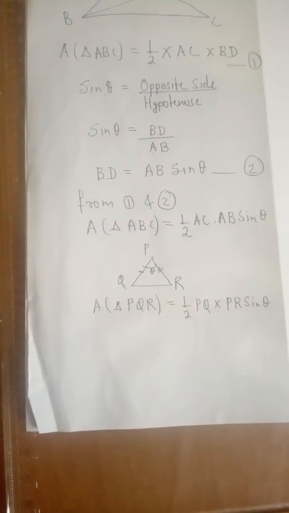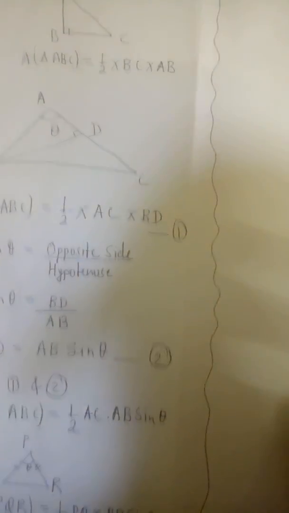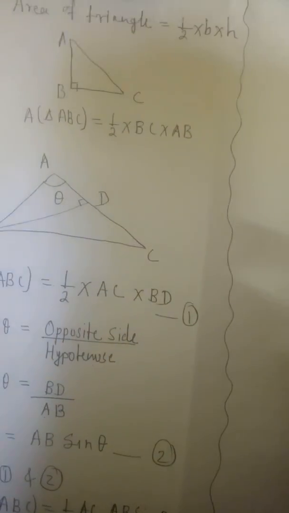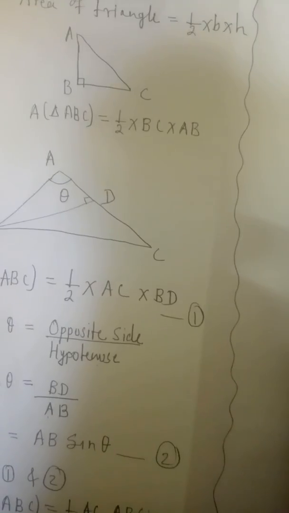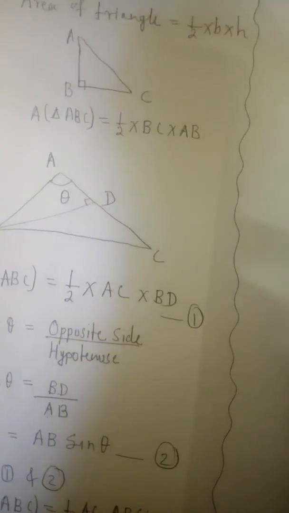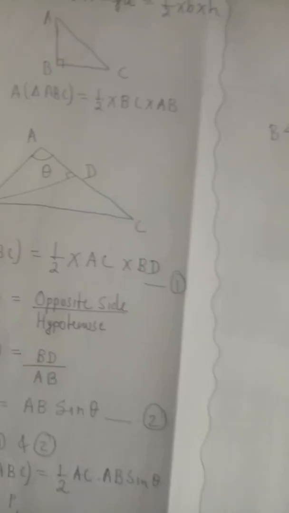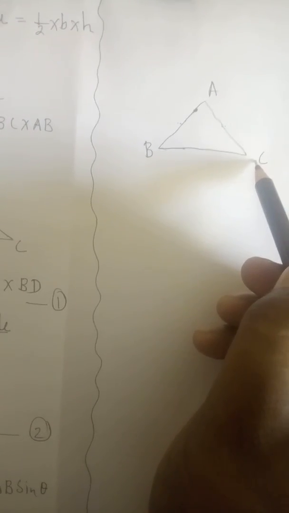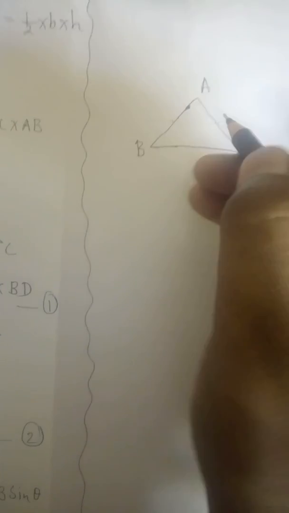Now try to understand the same thing. Same triangle I'm taking, this was our triangle A B C. What I'm trying to explain through this: suppose these two sides are the radii, that means the points B and C are on the circle and A is the center. See what happens in this case.